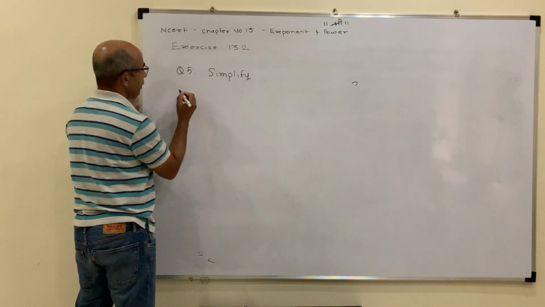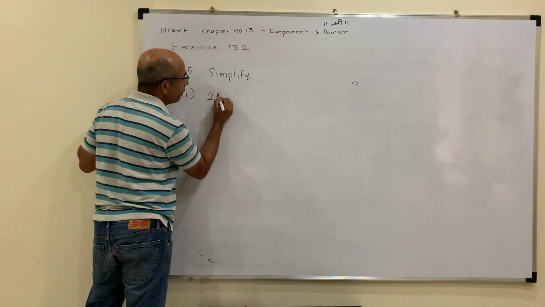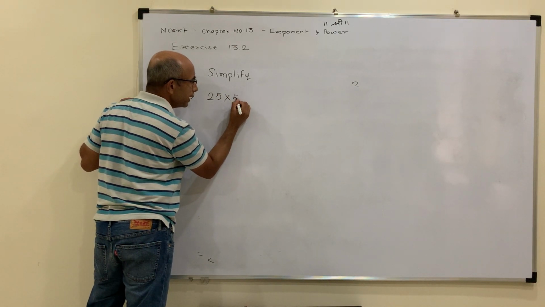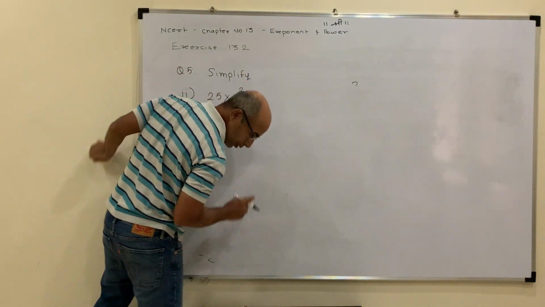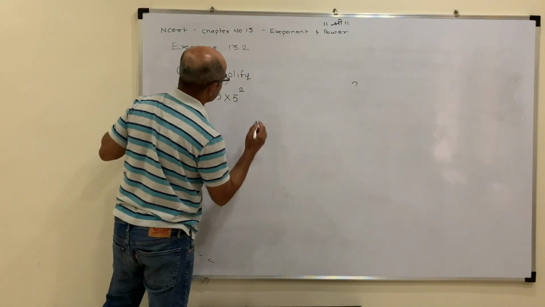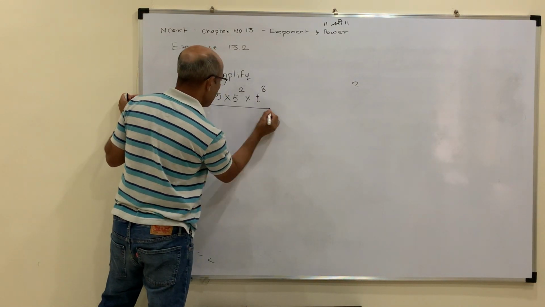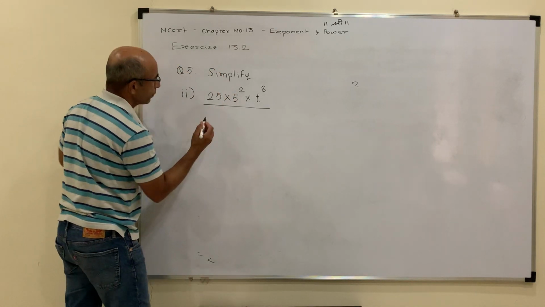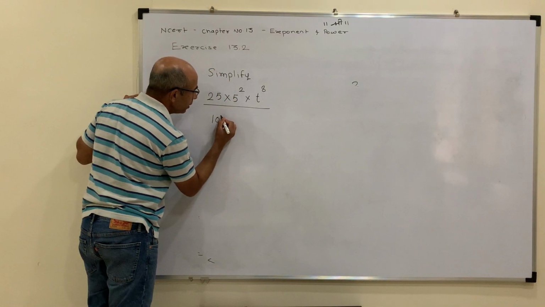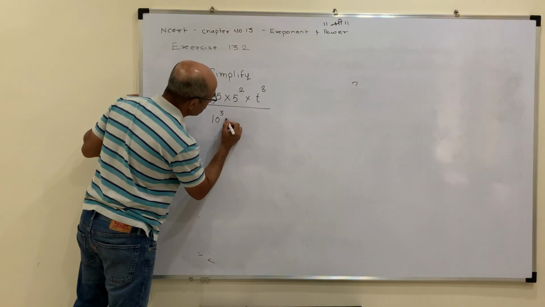Next one. 25 into 5 square into t raised to 8 into t raised to 8 divided by 10 cube into t raised to 4.